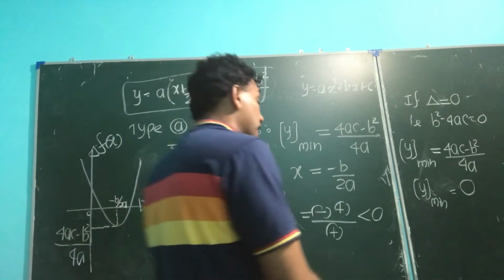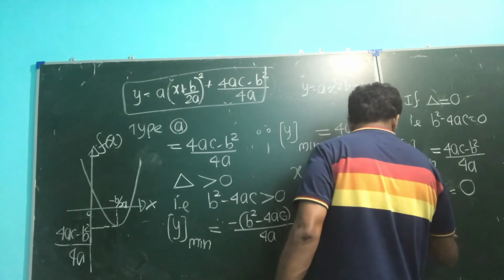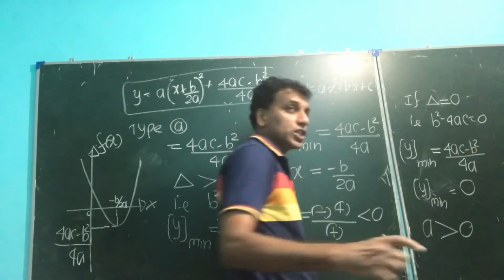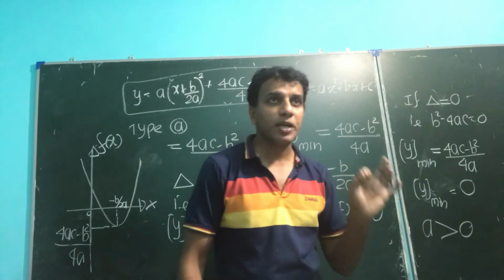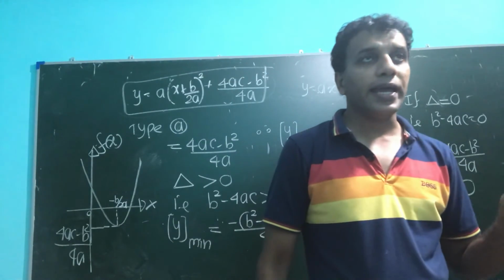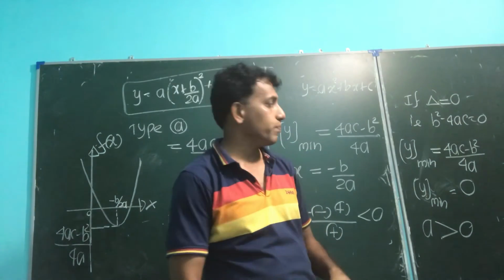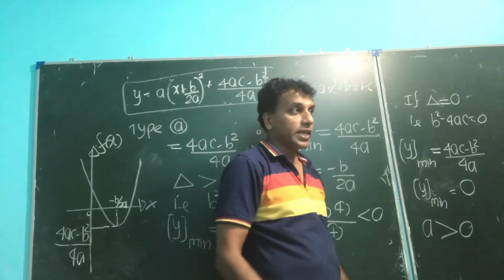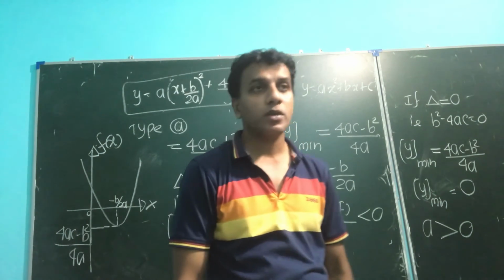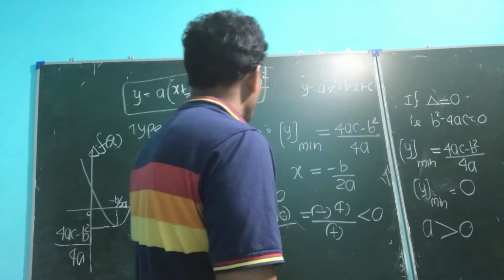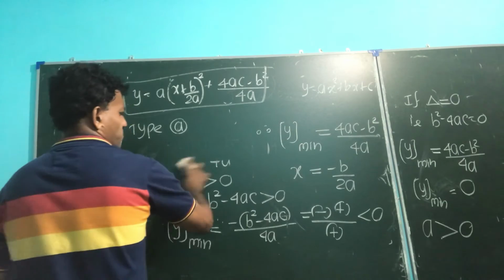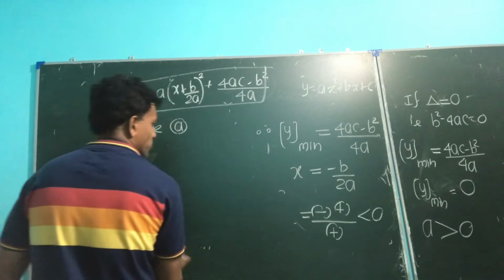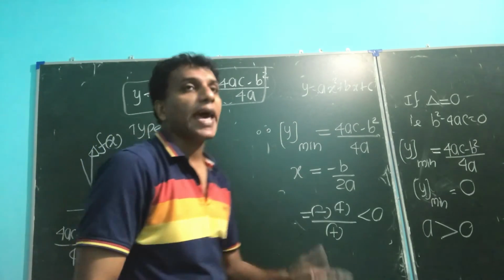and a greater than 0, a positive, our condition, case 1 is a greater than 0, right? Discriminant is 0 and a greater than 0, the given quadratic function touches the x-axis.